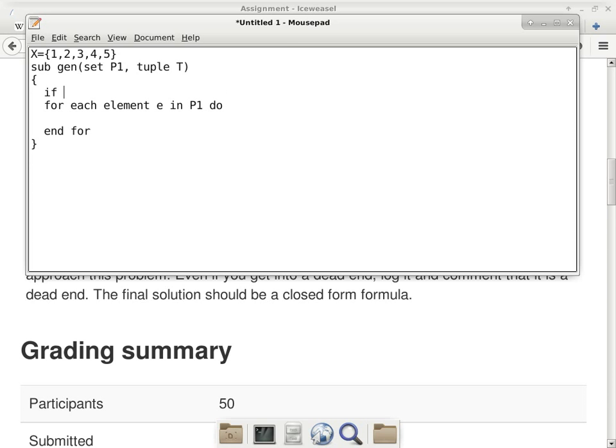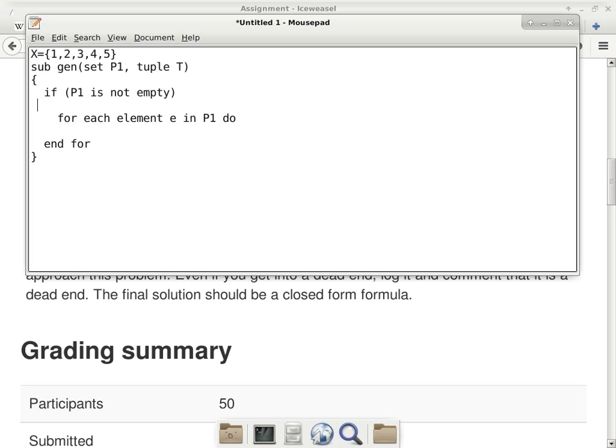I'm sorry, if you're writing this down by hand, you'll just not write anything until I'm done with this, because I'm actually coming up with the algorithm as we speak. So we say if P1 is not empty, then we do this. Or if you prefer, we can do it much more consistently and just use if, else if.